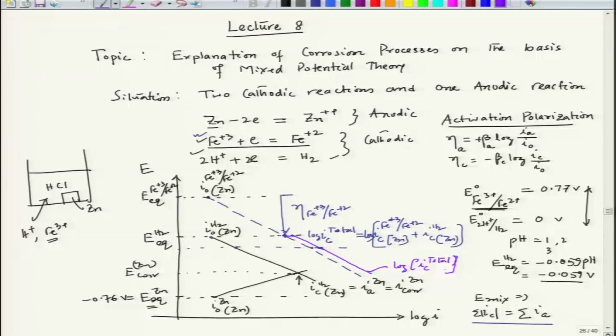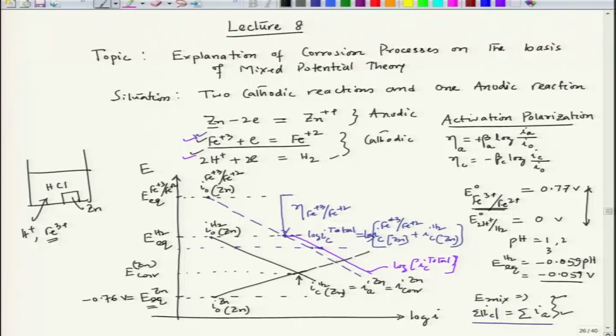This I c contains the cathodic current density for this cathodic reaction as well as the cathodic current density for this reaction. Now, if we extend this line, then I have to find that point where these two criteria are met.